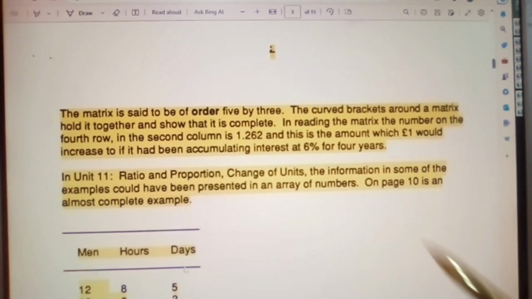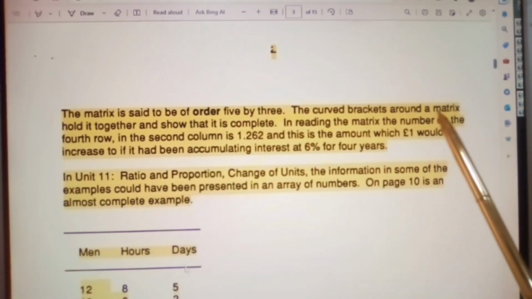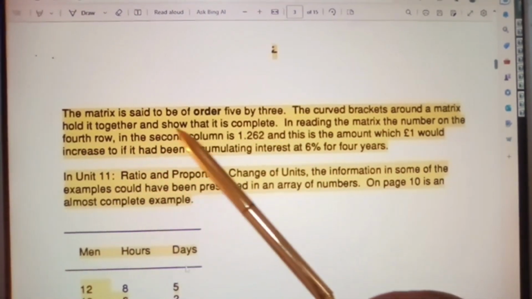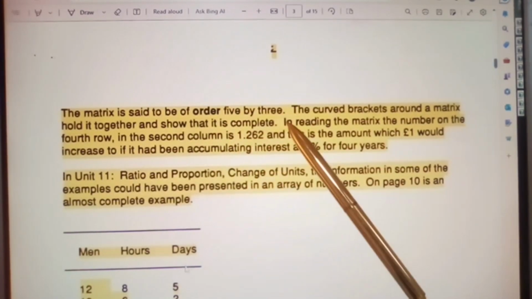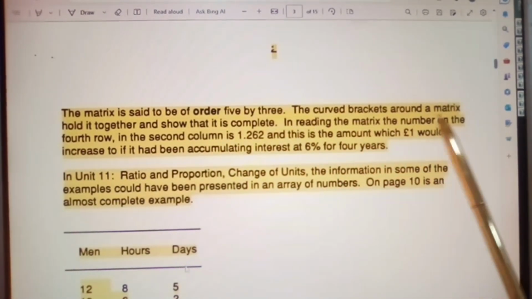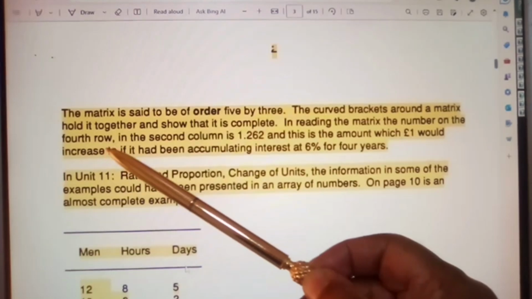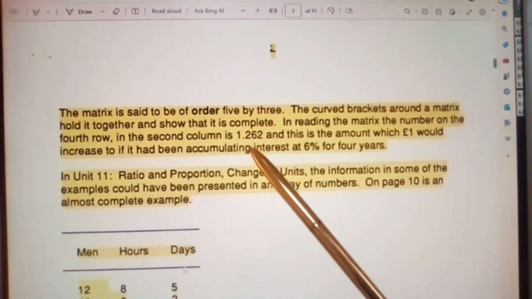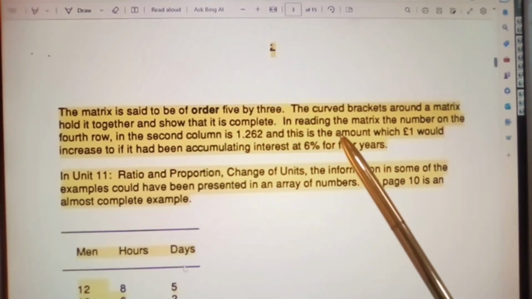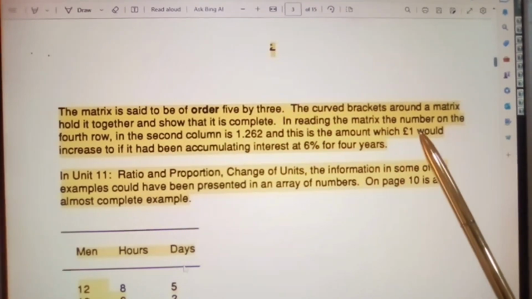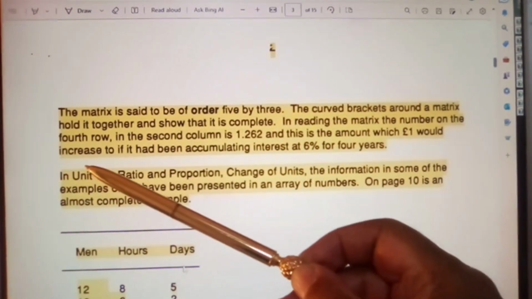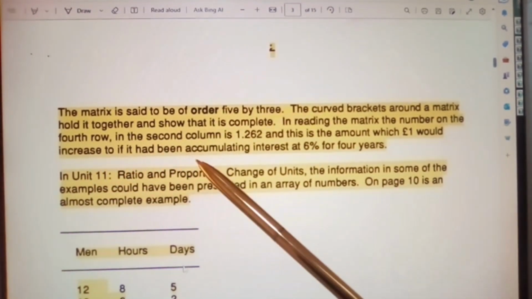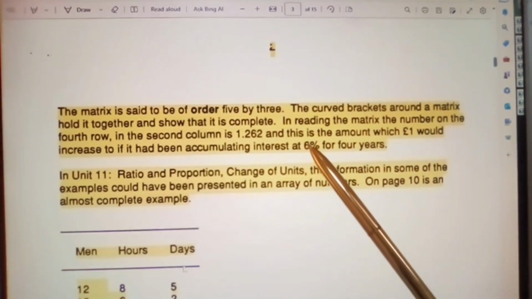The curved brackets around a matrix hold it together and show that it is complete. In reading the matrix, the number on the fourth row in the second column is 1.262, and this is the amount which £1 would increase to if it had been accumulating interest at 6% for 4 years.